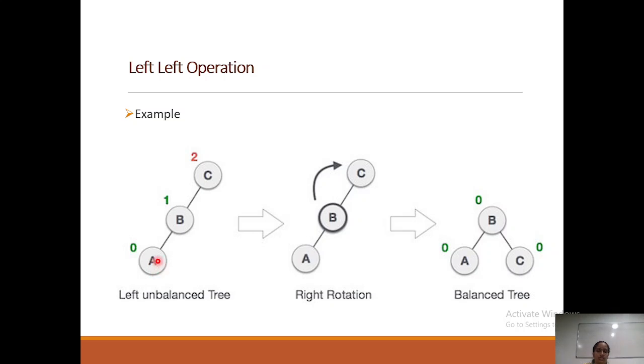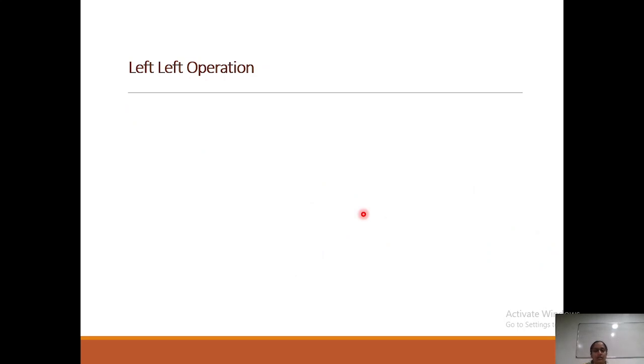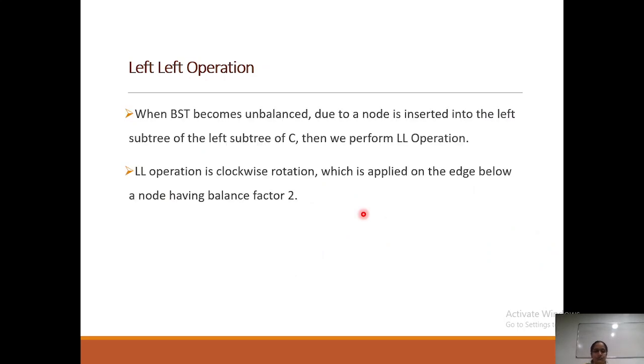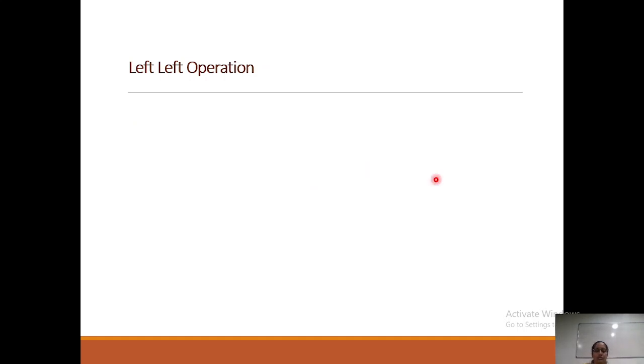This will cause a left unbalance, and then here we have to perform a right rotation, that is, a clockwise rotation. The clockwise rotation will be applied to the edge having balance factor more than 1.